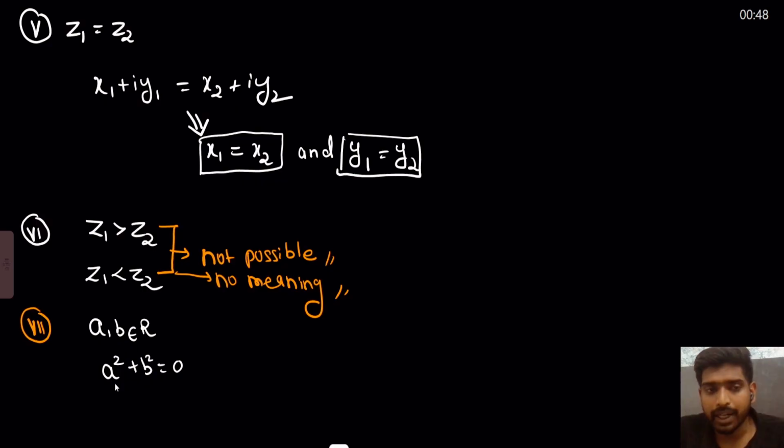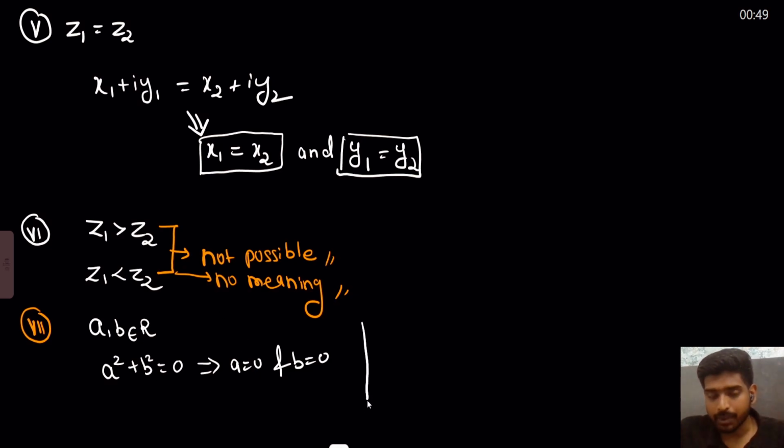Then, as we might have studied, this implies that A is 0 and B is 0, because A and B are real numbers. The squares of real numbers can't be negative. So if the sum of two non-negative numbers is 0, that means both numbers themselves are 0. Understood? So this we know, right?